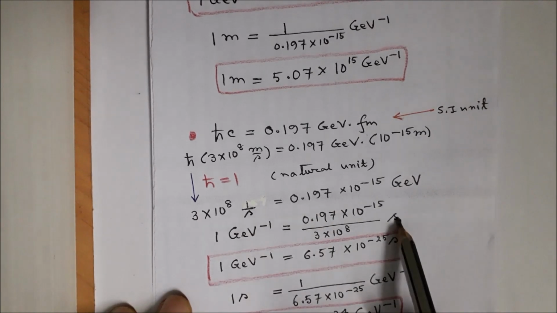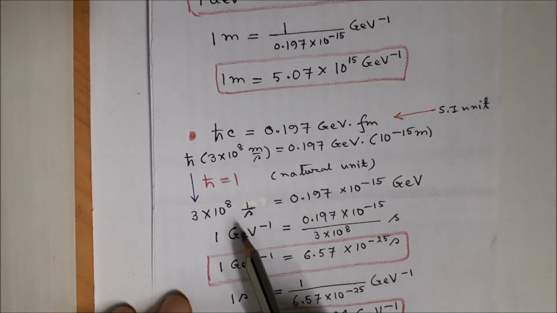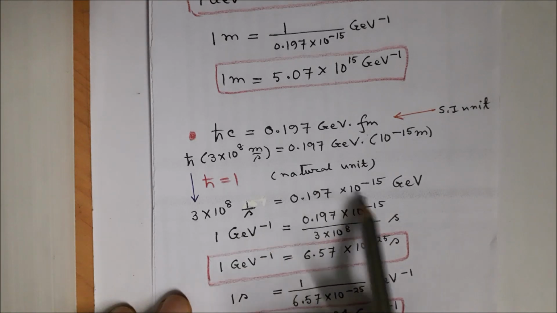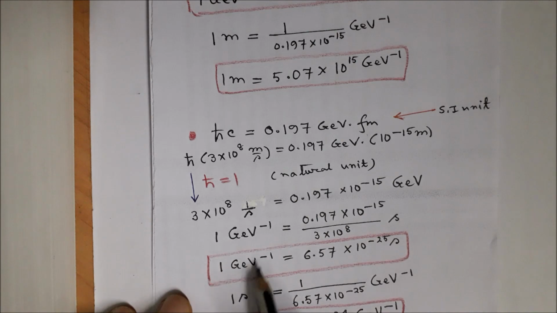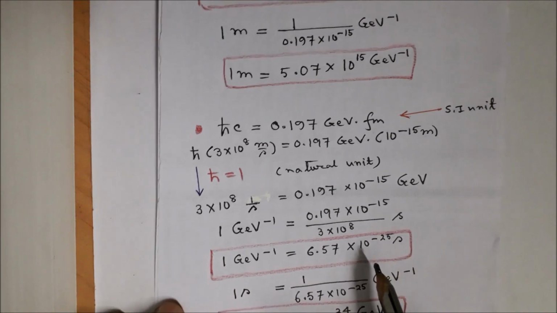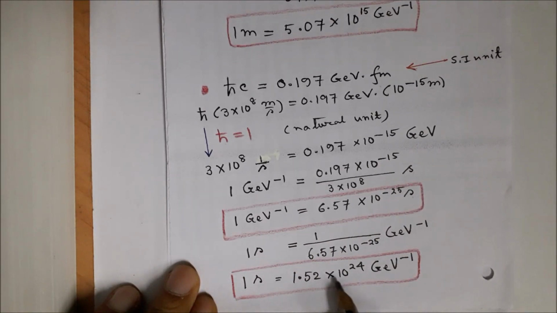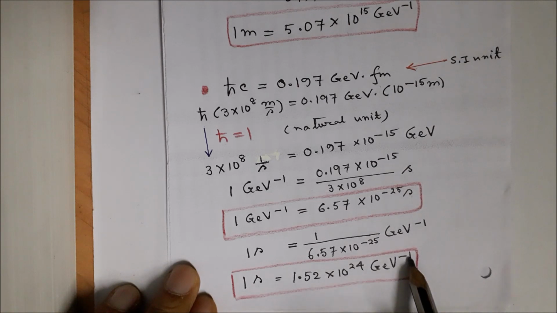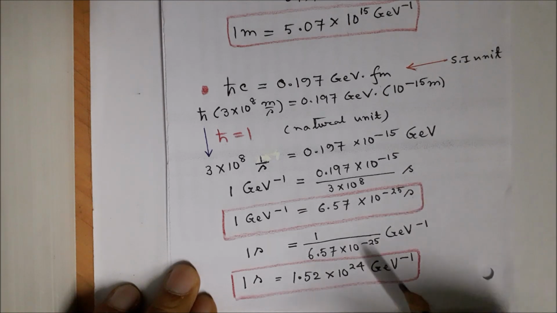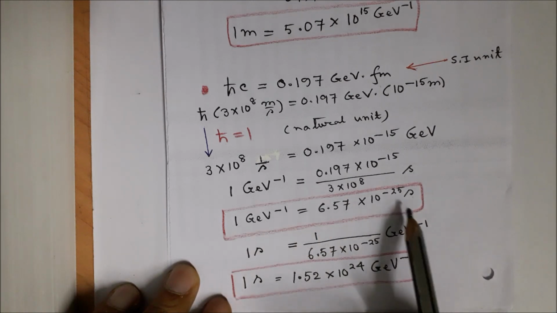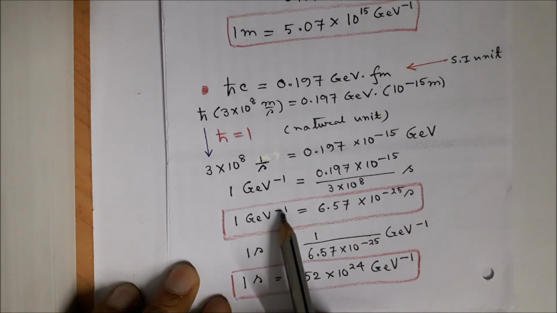So it becomes second here, and GeV coming to the left side becomes GeV inverse. So we have this relation, which on simplification gives us 1 GeV inverse equal to this many seconds. And the inverse relation follows from here: 1 second is 1.5 into 10 to the power 24 GeV inverse. So we have been able to address this question: how much GeV inverse is 1 second, or how many seconds are there in 1 GeV inverse.